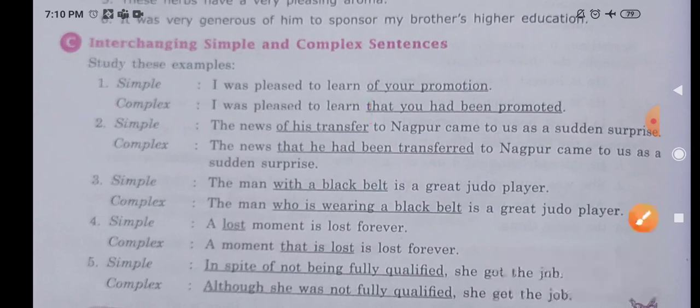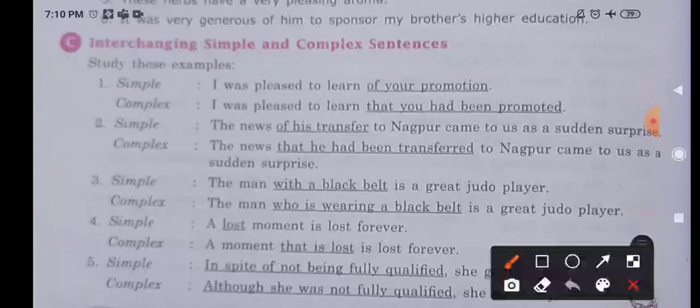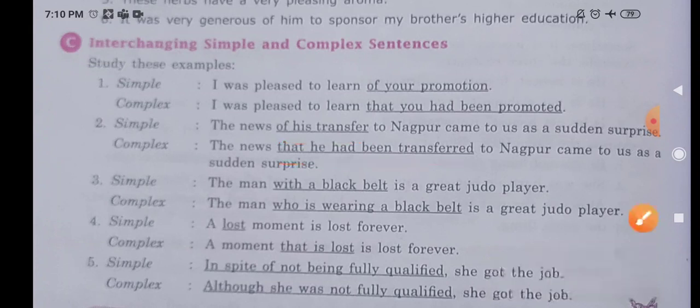Now moving to another one. "The news of his transfer to Nagpur came to us as a sudden surprise." So we are changing this to a clause: "The news that he had been transferred to Nagpur came to us as a sudden surprise." Yes, the simple sentence is being changed to a complex sentence.